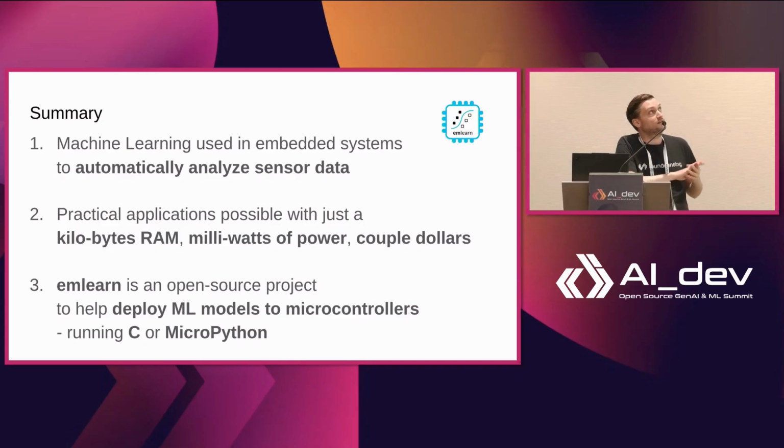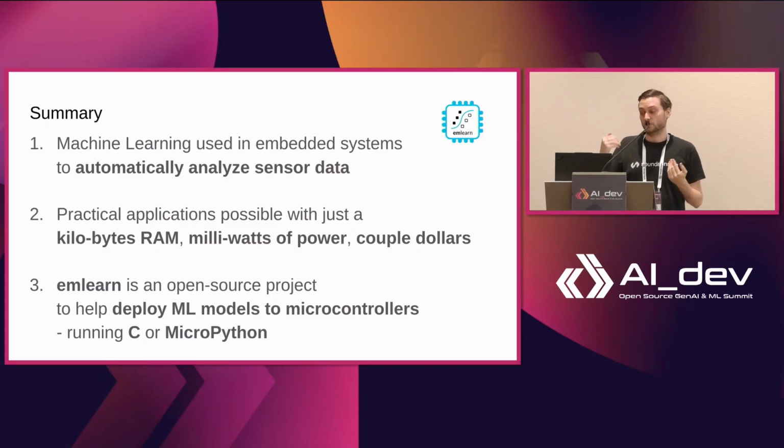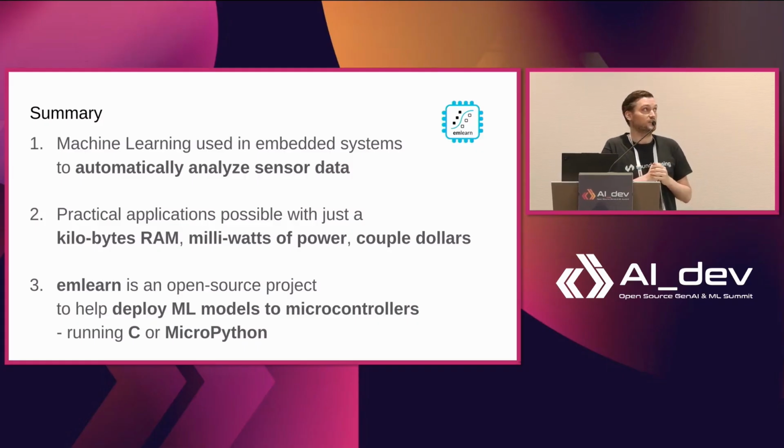So as a summary, we've learned that machine learning is used in embedded systems to automatically analyze sensor data, and that you can do practical applications, like the examples that we've shown, with just a few kilobytes of RAM and a few milliwatts of power, and for a couple of dollars per unit.